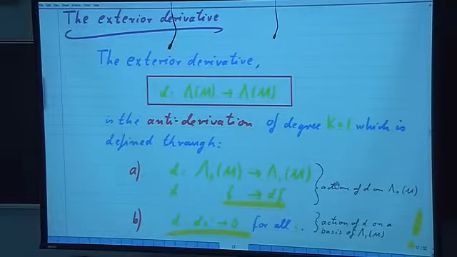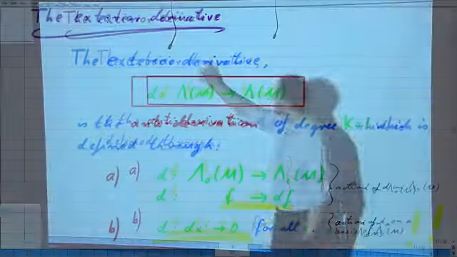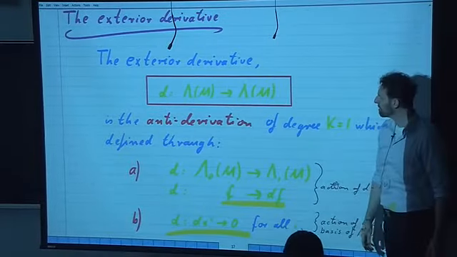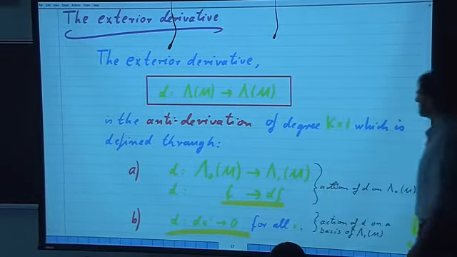And here is the first example right away, the so-called exterior derivative. It's this D again that you've seen before. So the exterior derivative is going to map differential forms into differential forms. It's going to be an anti-derivation, so it has this minus sign in the Leibniz rule.